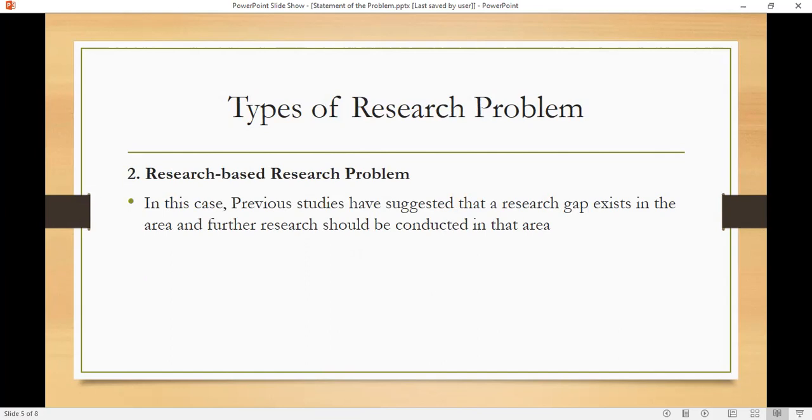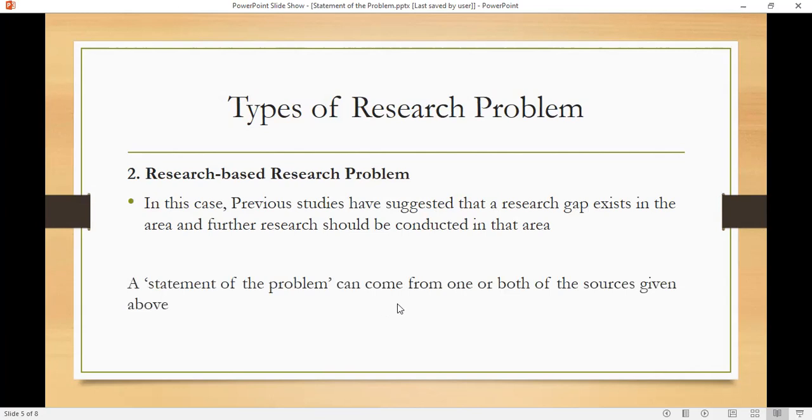This one is based on previous research. They can be dissertations, theses, research papers, or other research projects where the researchers may have suggested that the area you are going to take up should be researched further. This type of research problem, which comes from previous studies, is known as a research-based research problem.